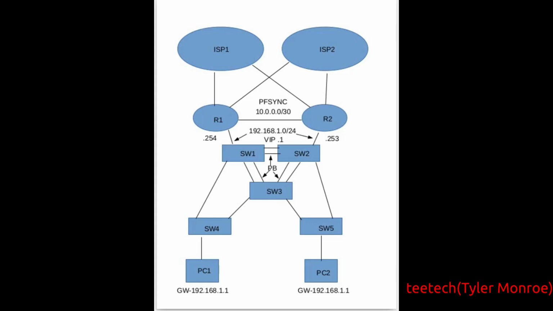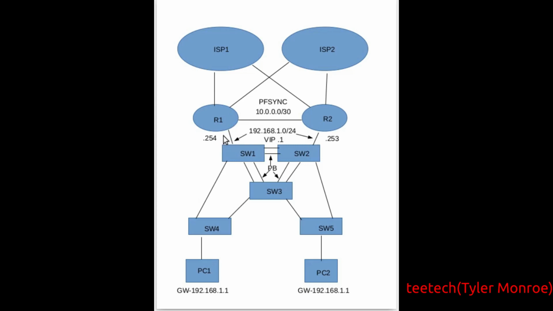Now, the main thing I want you to focus on in the redundancy is the PFSYNC interface here. We have that separate IP subnet just for those state table updates. And then this network here is the LAN network, and this is what we're running CARP on. When we say running CARP, we mean the interfaces in this network are what send the CARP packets.